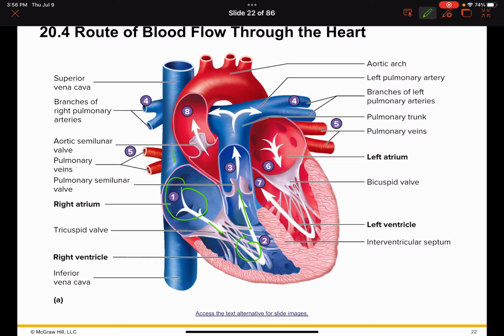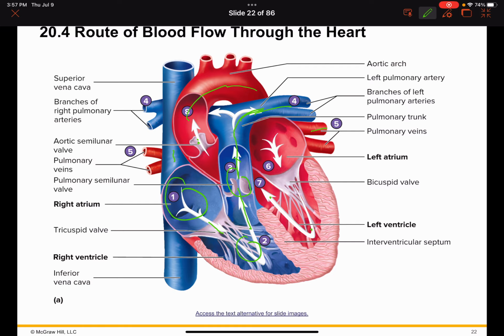From there, through the pulmonary semilunar valve to the pulmonary trunk, to the pulmonary arteries, to the lungs. Once exchange happens, oxygenated blood comes back to the heart through the pulmonary veins to the left atrium, to the left ventricle, then left ventricle to what? Through the aortic semilunar valve to the aorta for systemic circulation, then back again to the right atrium.